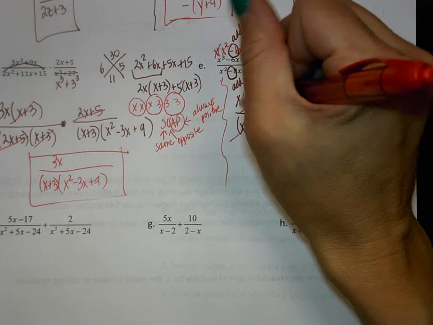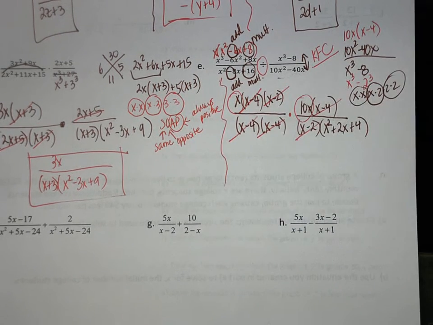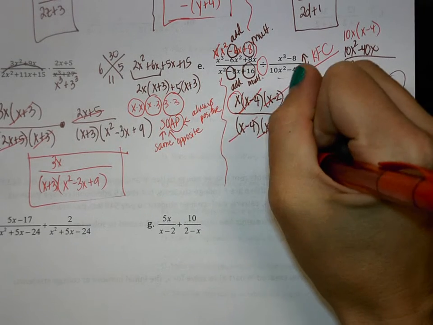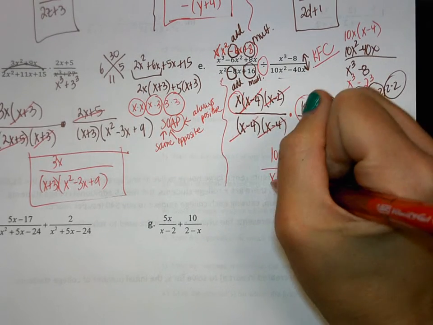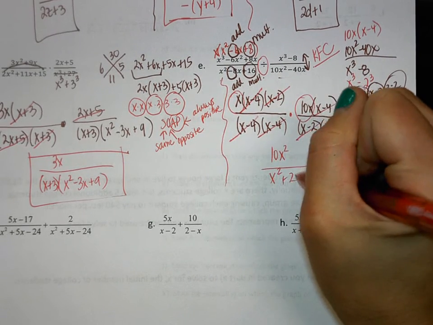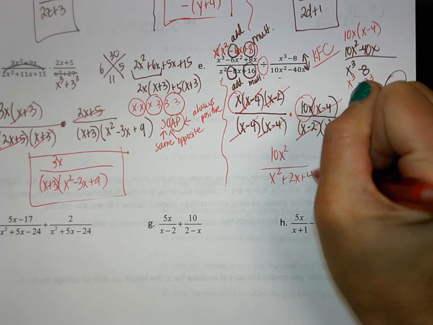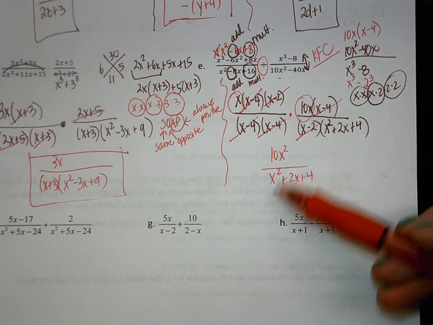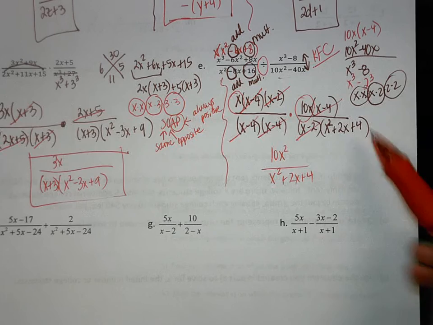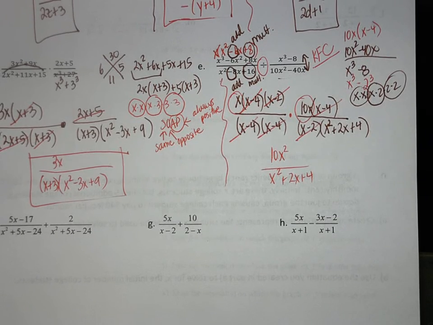But notice here on the top we have left an x and a 10x. So what does that make? 10x squared. We multiply together. And then the denominator, we just have x squared plus 2x plus 4. And could I cancel out these x squareds? No, because the bottom's connected like glue because you have those pluses and minuses, so everything's connected together.